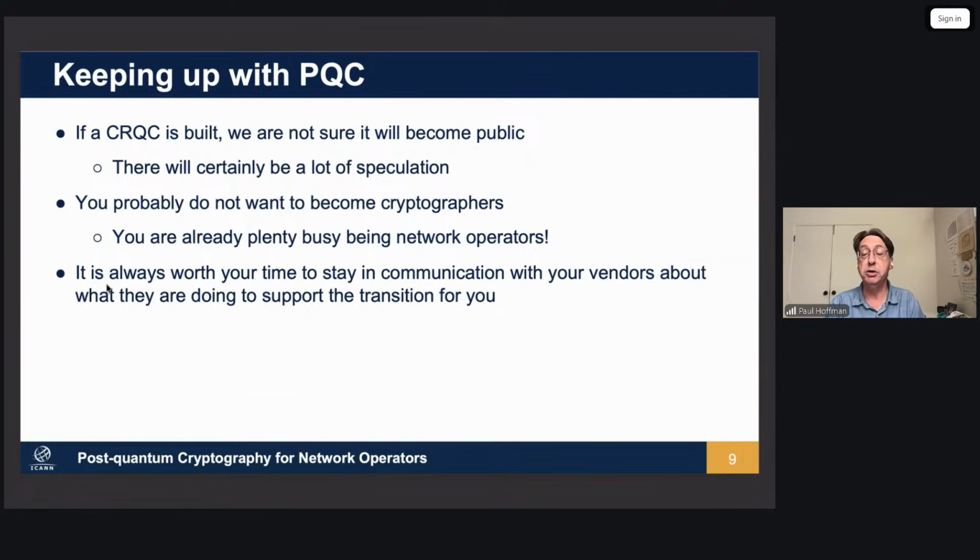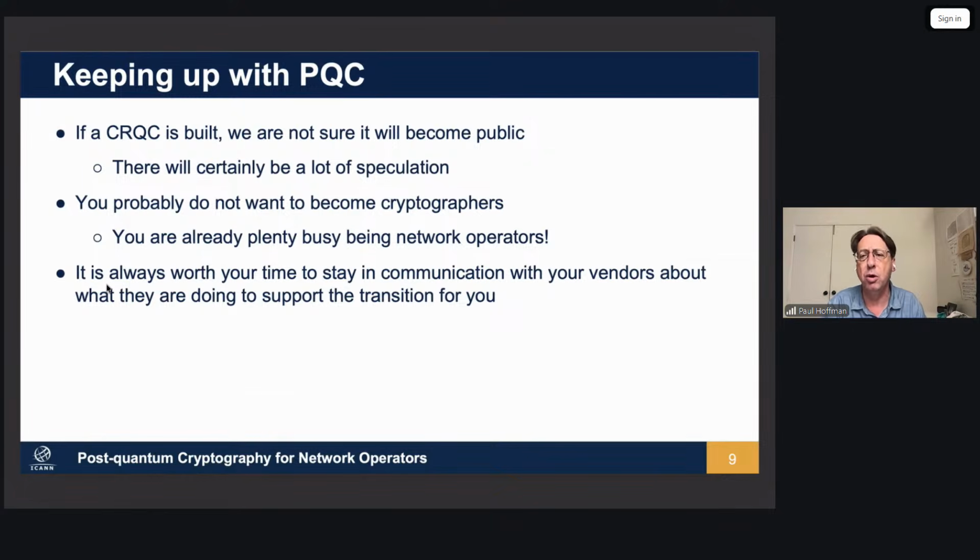If a spy agency has one, we're not going to know about it. They're really good at keeping secrets. They might say, oh, we're working on it, but it'll be 10 years. And there'll be a lot of speculation. We're not going to know.